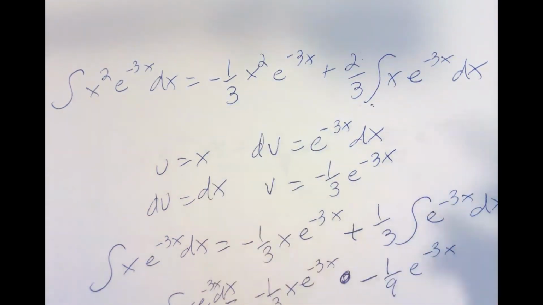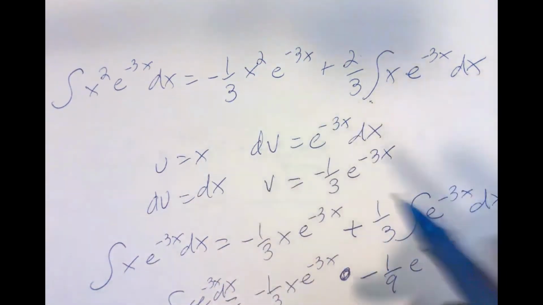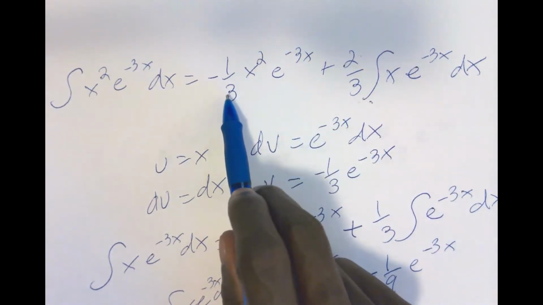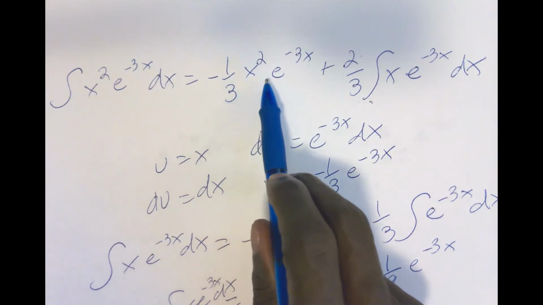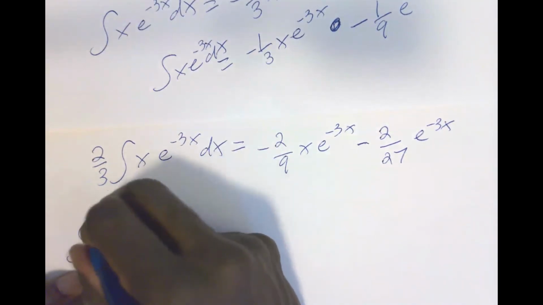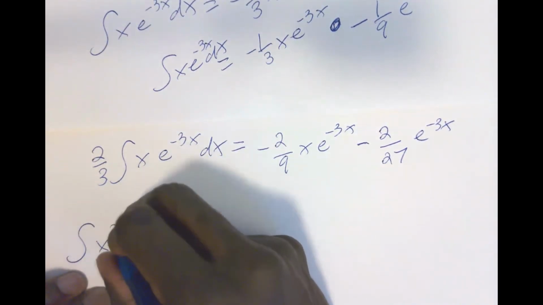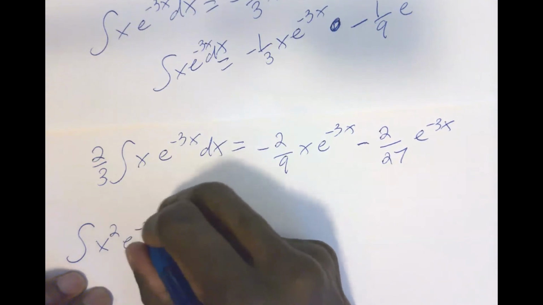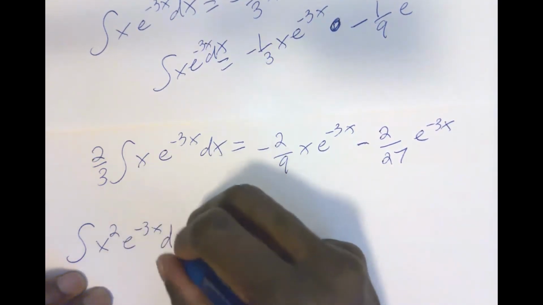So I'm just going to put in the front of what I have thus far, a negative 1/3 x squared e to the negative 3x. And let me write, and this is the final answer. So this represents the integral of x squared e to the negative 3x dx.